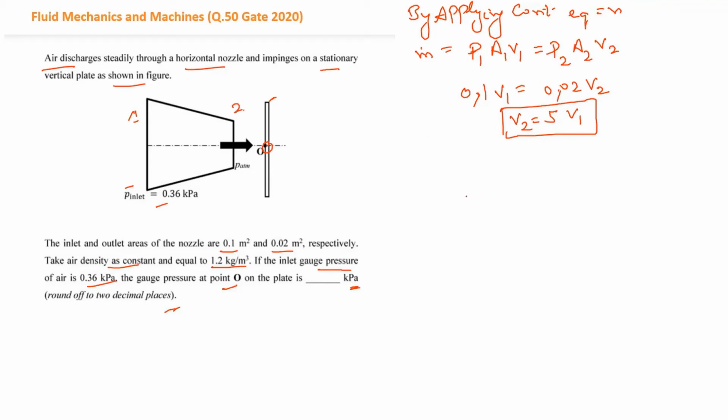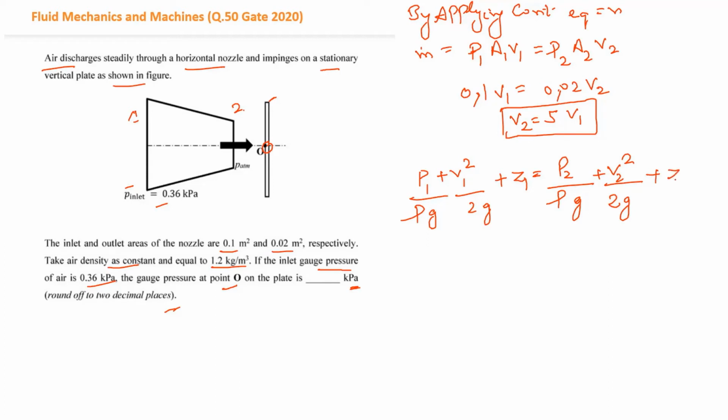The Bernoulli equation would be P1 divided by rho g, plus V1 square by 2g, plus Z1, is equal to P2 divided by rho g, plus V2 square by 2g, plus Z2.